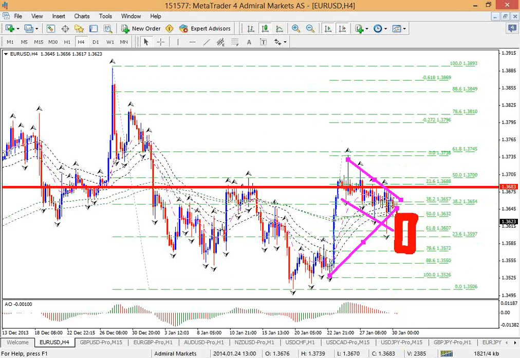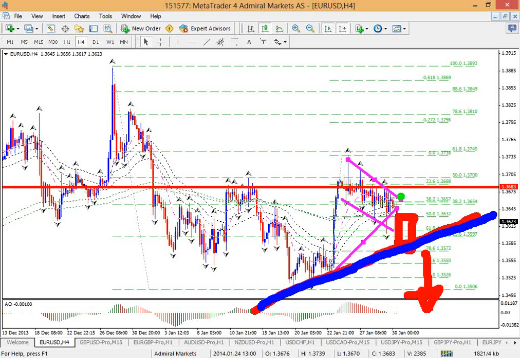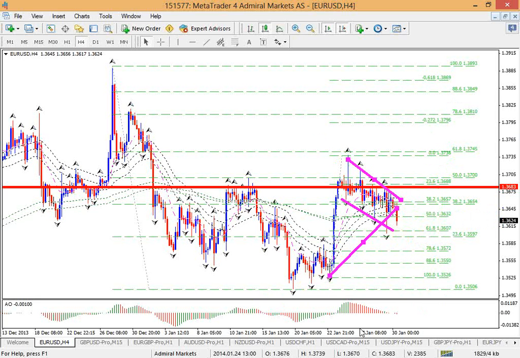That's something that is reasonably sure. Whether we break below the 78.6 and break this daily uptrend line, that remains to be seen. Do we break above magenta and move up to -272? We will find out. If we do that, then that would be a good breakout trade. So based on these facts, we can make reasonable assumptions.